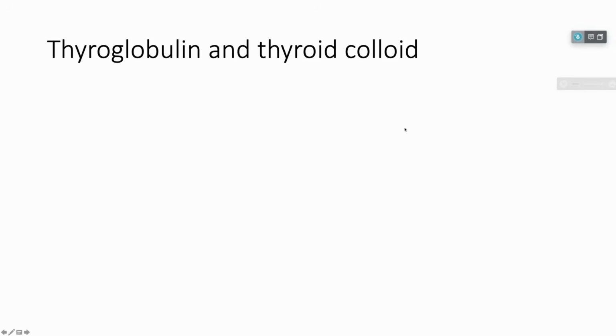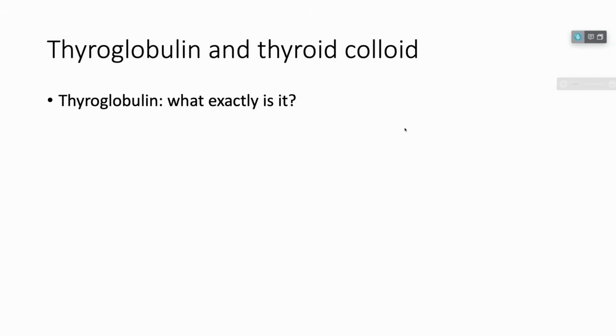All right, Marco, what exactly is thyroglobulin? Generally speaking, what is it? Okay, thyroglobulin is a protein that's produced by the follicular cells and used within the thyroid gland. Good. What's the major defining feature of thyroglobulin?